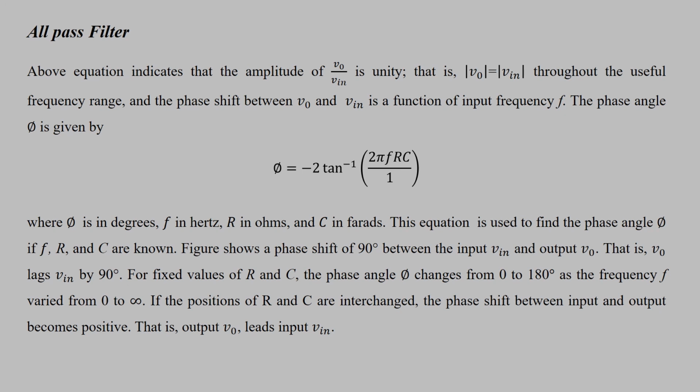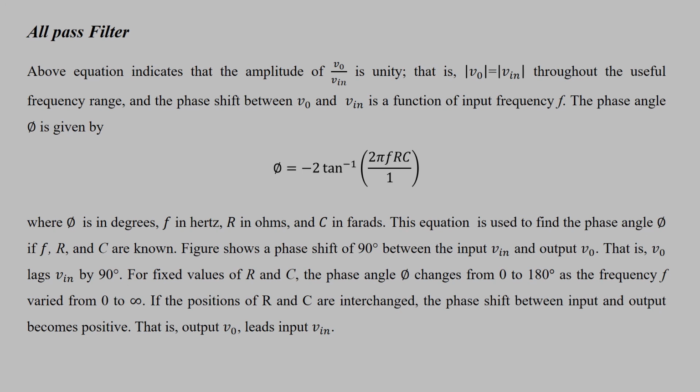Here phi is in degrees, f in hertz, R in ohms and C in farads. This equation is used to find the phase angle if f, R and C are known. The figure shows the phase angle of 90 degrees between Vin and Vout. That is, Vin lags Vout by 90 degrees.